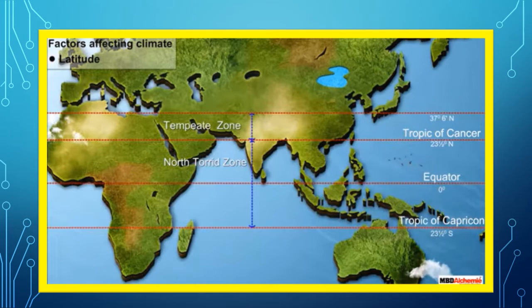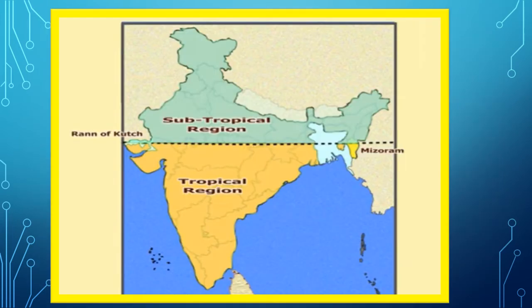Now children, you can see in which climatic zone India lies. We are in the North Torrid Zone, and half of India is in the Torrid Zone and half is in the Temperate Zone. So we will understand the type of climate. The Tropic of Cancer passes through the middle of our country, from the Rann of Kutch in the west to Mizoram in the east.